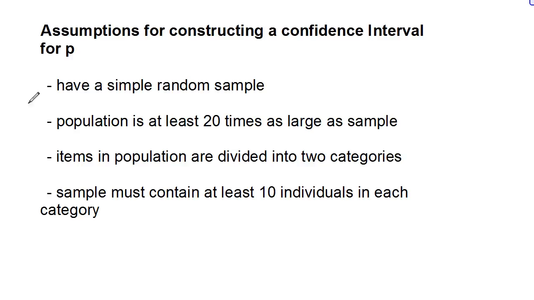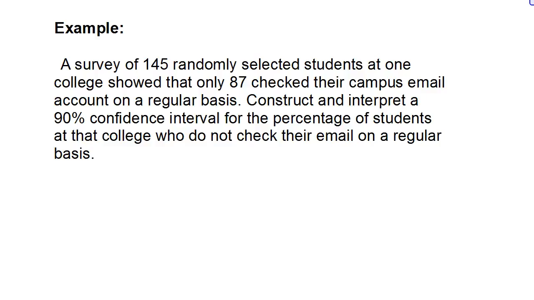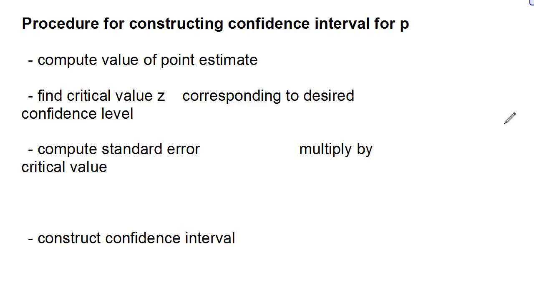For the procedure for constructing a confidence interval, we're doing the exact same type of procedures. We need to compute the value of the point estimate, which is P hat, which recall is our X divided by N. We need to find the critical value, z alpha divided by 2, for the desired confidence level.